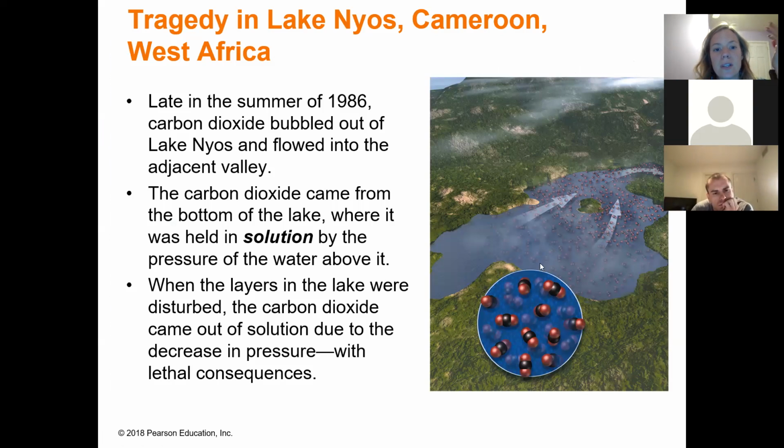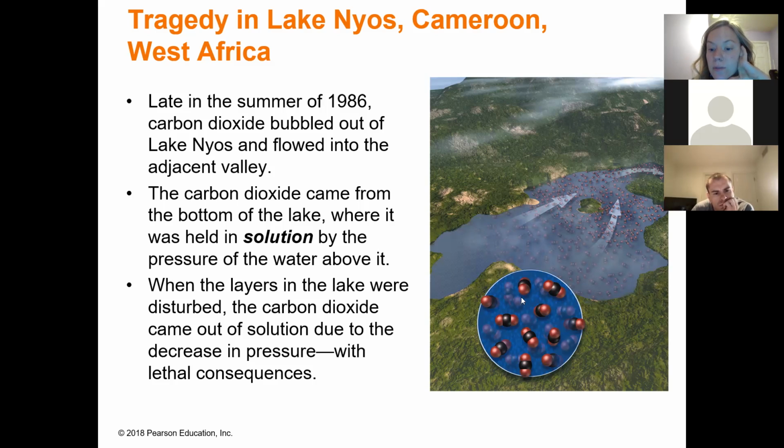So this first thing is a picture of a lake in Africa that sits above a bunch of tectonic activity, and there was a bunch of dissolved gases in the lake. Because the lake was particularly deep, the gas was able to stay in solution. But at some point, the lake depressurized and the gas escaped from the water.